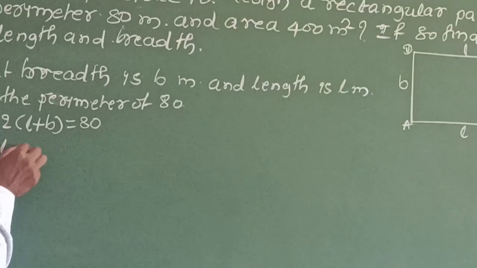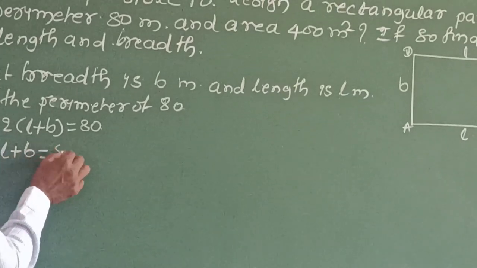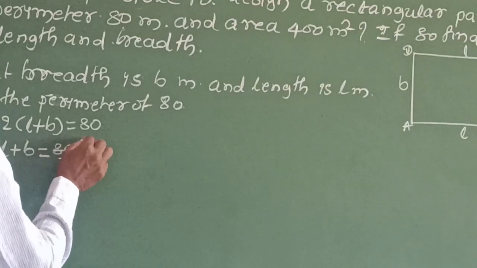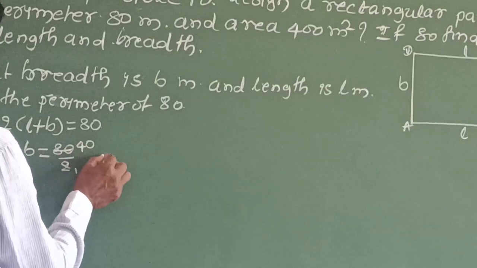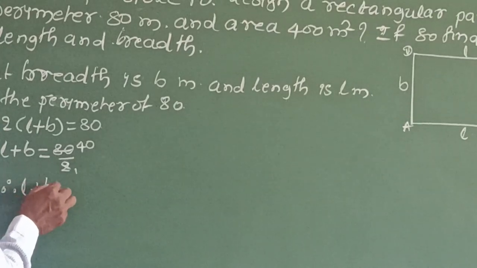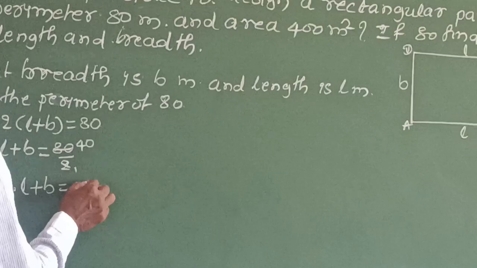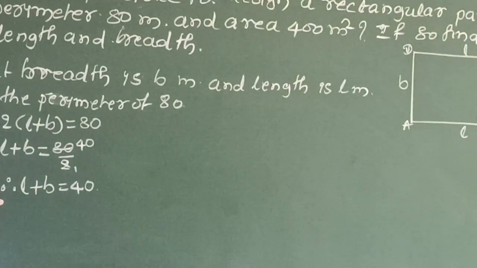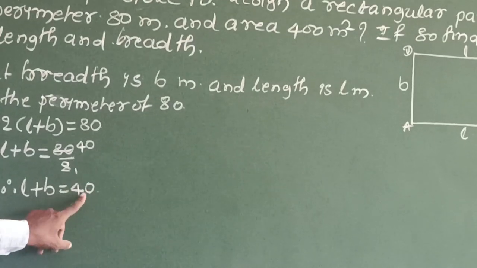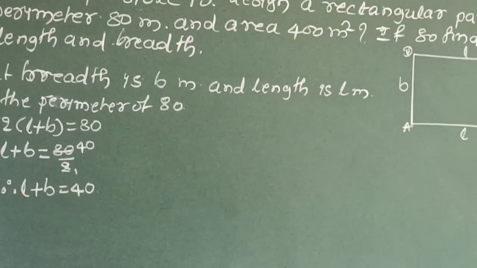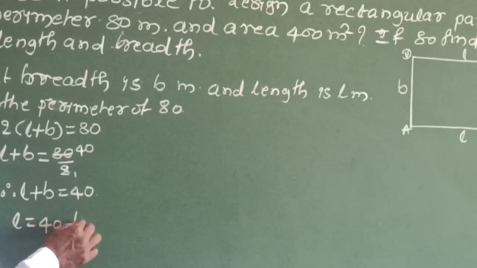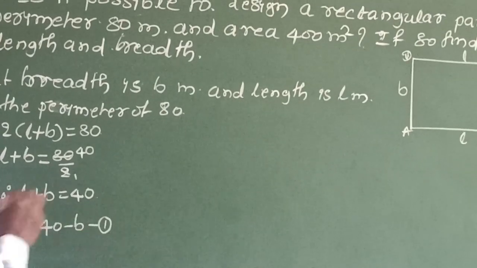There is L plus B equal to 80 by 2, 2 fours are 8, 2 ones are 2, therefore L plus B equal to 40. And next, L equal to 40 minus B, or B equal to 40 minus L, any one. So therefore L equal to 40 minus B, that is number 1.